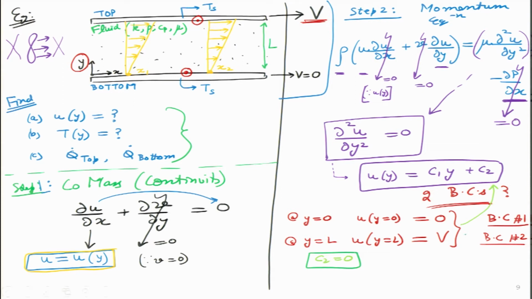If we apply the second boundary condition, the left hand side becomes V is equals to C1 into L. So this gives me C1 is V by L, which means my final solution turns out to be u is equals to V into y by L. That's it. I'll put a green star over here. This is the solution that I have got for velocity.